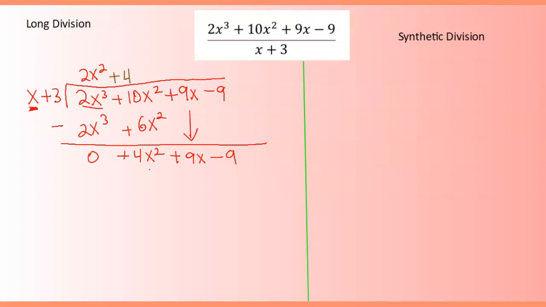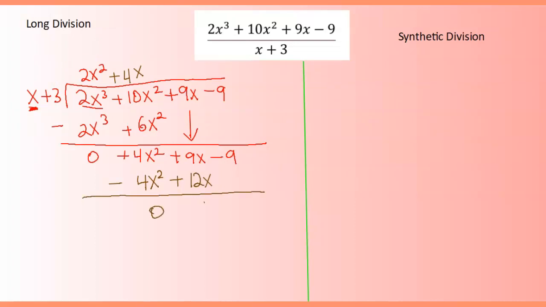We have x, and it's x squared. So we need 1x here. So when we multiply this to that, we're going to get exactly the same, 4x squared, and then we will multiply this to here, and we will get 12x. So plus 12x. So now we are going to subtract.